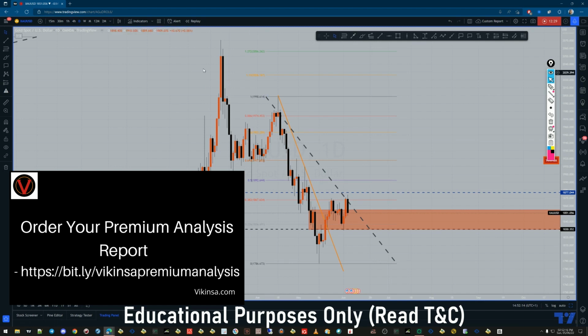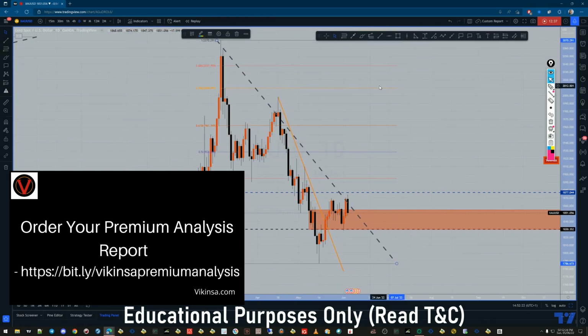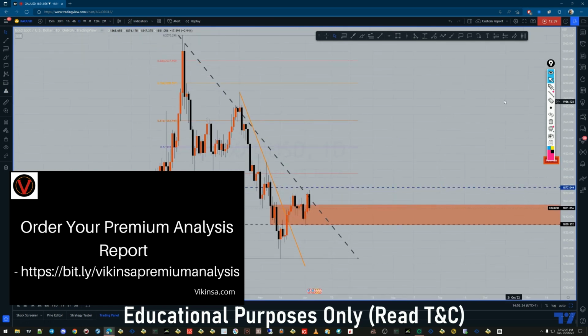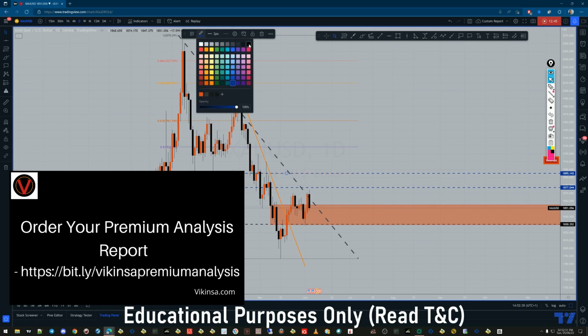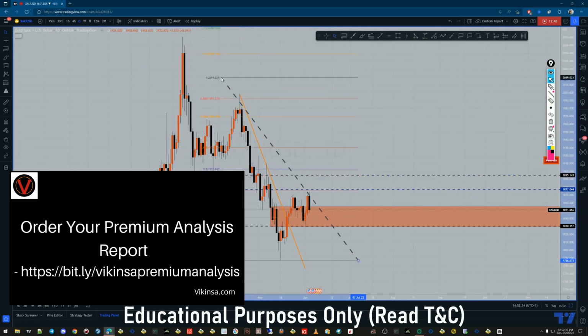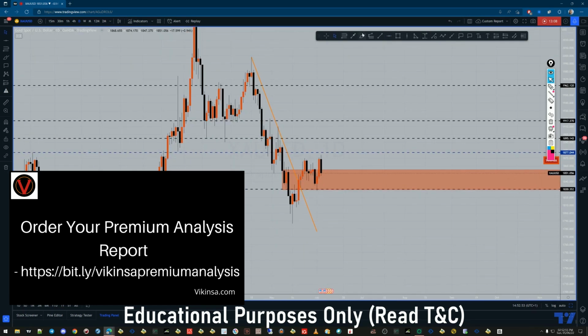Okay, this is a W pattern. The market has not reached the first target here. So let me put this line as the target, and this one. So if you find a confirmation to the upside, then these are the approximate levels which the market can reach.